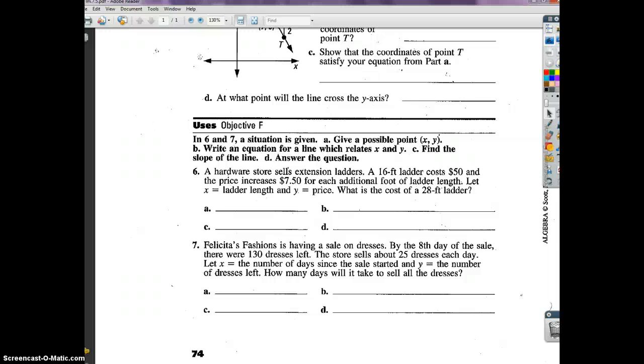Okay, so I notice that initially, right away, it costs $50. So that should be your fee, right? Because that's the y-intercept, okay? And then it says increases for each additional. That's pretty much saying a rate. So that's your slope.